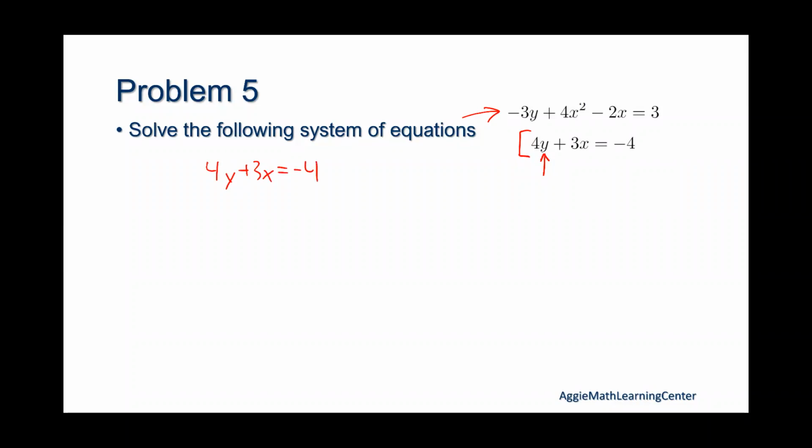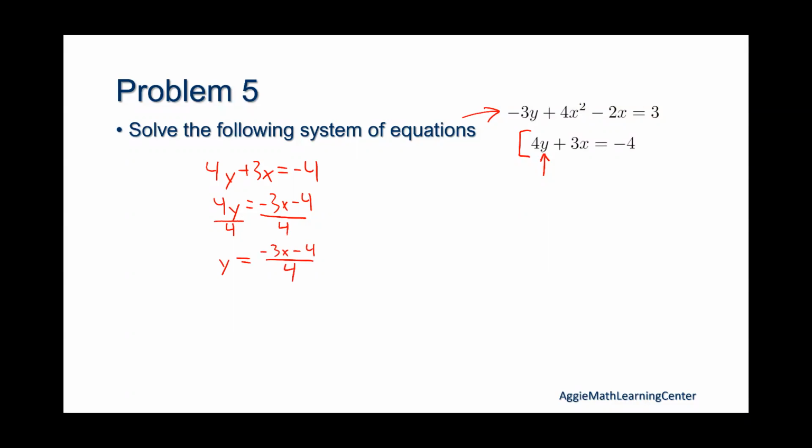We move the 3x over to the other side, so 4y equals -3x minus 4. Divide the whole thing by 4, and we get y equals (-3x minus 4) over 4.